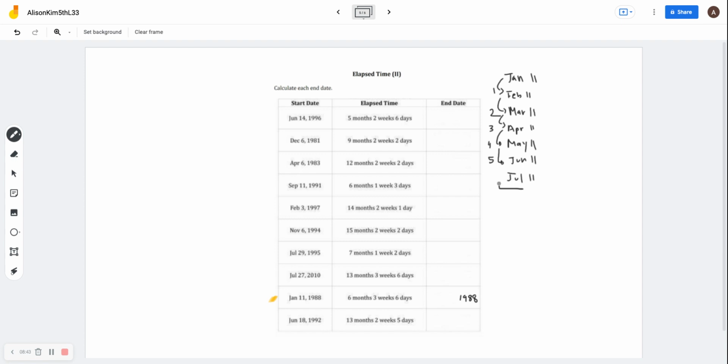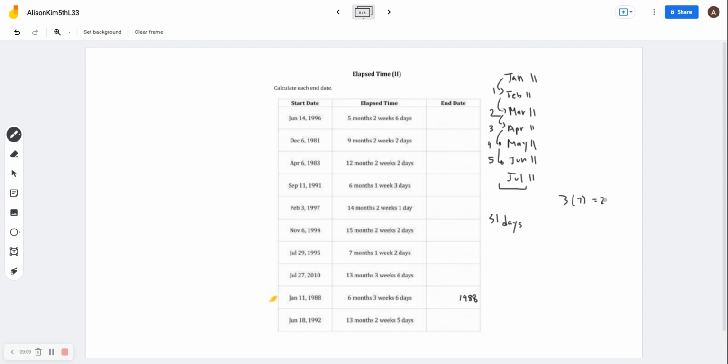Now we have the month, July. That's going to be our final month. However, we still have 3 weeks and 6 days to figure out, right? So we know that July has 31 days in its month, right? So 3 weeks, there's 7 days in a week.